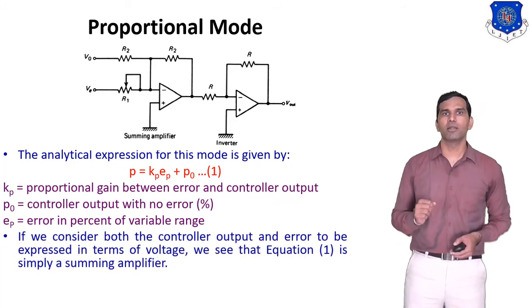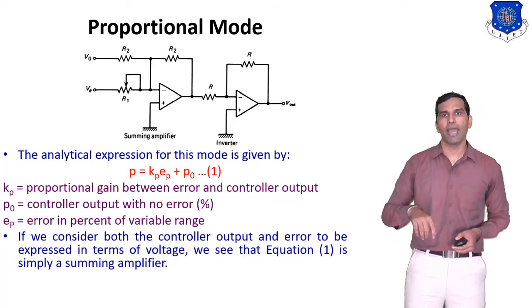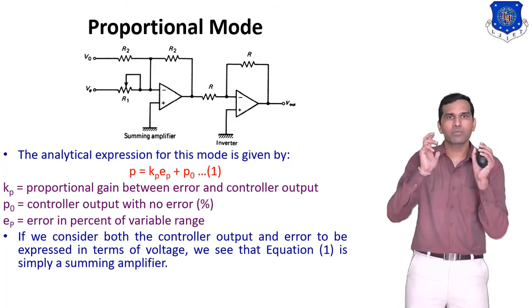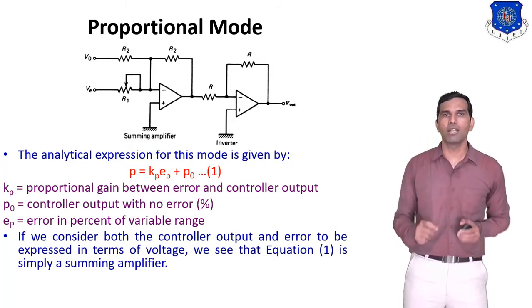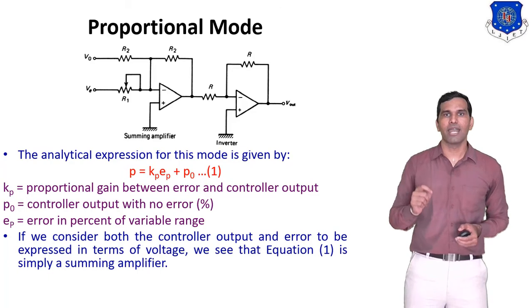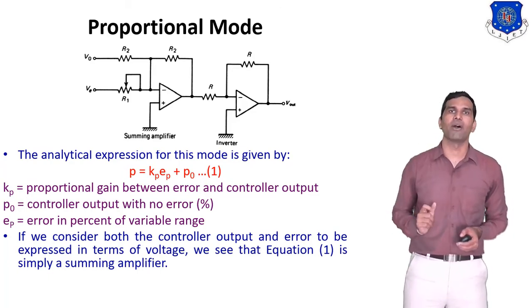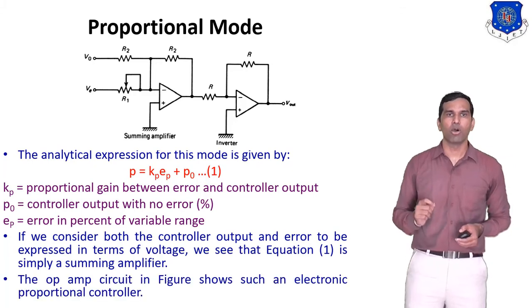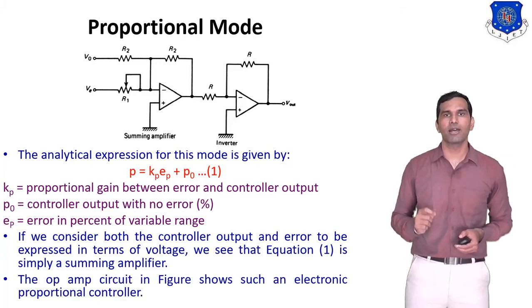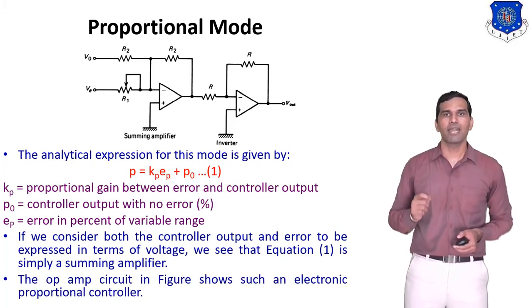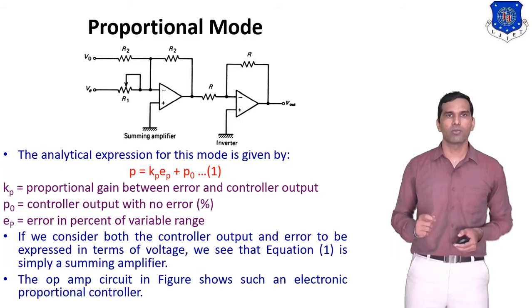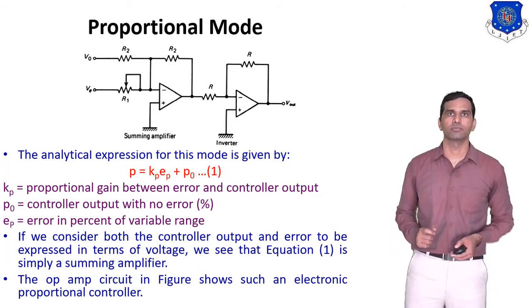Now if we consider both the controller output and the error to be expressed in terms of voltage, we see that equation 1 is simply a summing amplifier. That means the circuit in the figure shows such an electronic proportional controller.